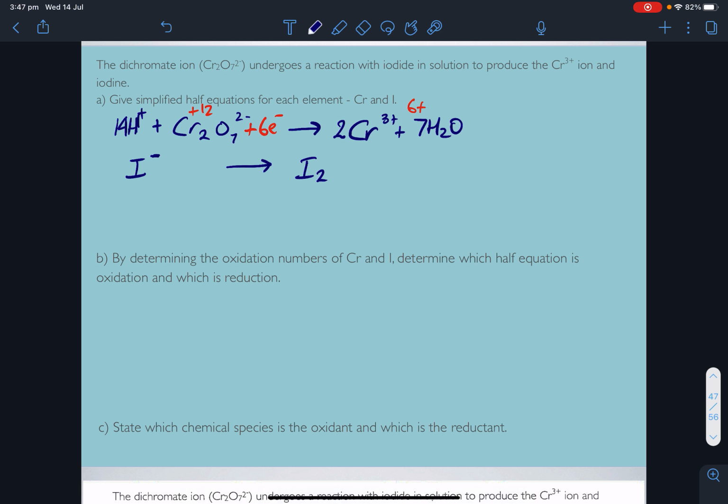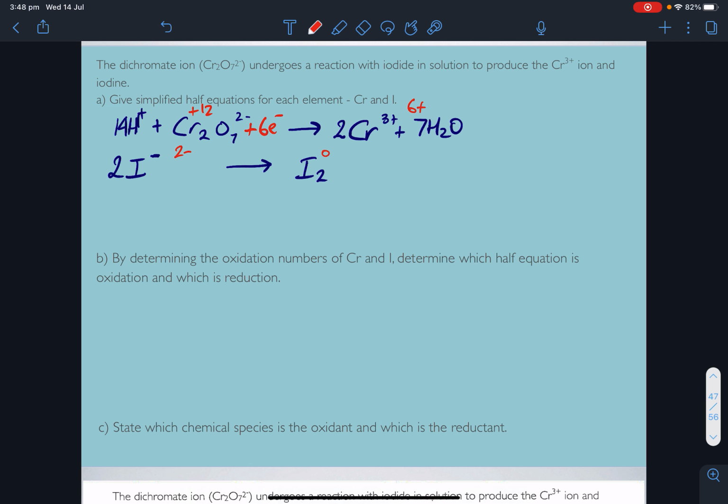First step, balance any non-oxygen or hydrogens. I have 2 iodines on the right, I need 2 on the left. Now balance any oxygens with water. I don't have any oxygens. Any hydrogens with H+. I don't have any hydrogens. Now balance the charge. I'm going to write the charge on top. 2 minuses is 2 minus, and this side is 0.